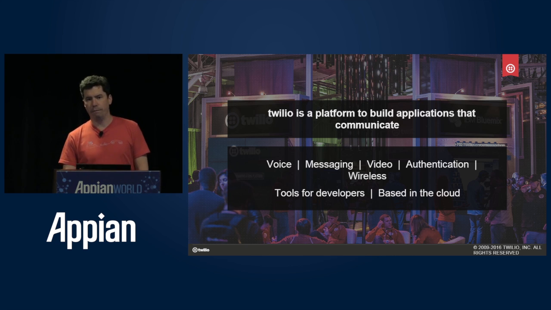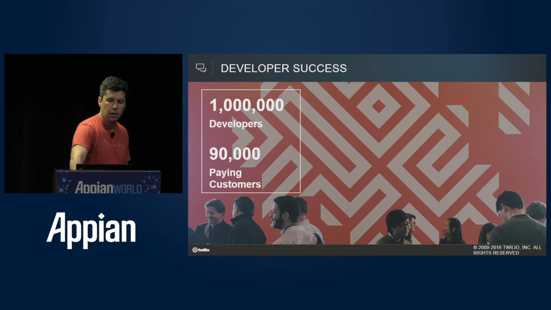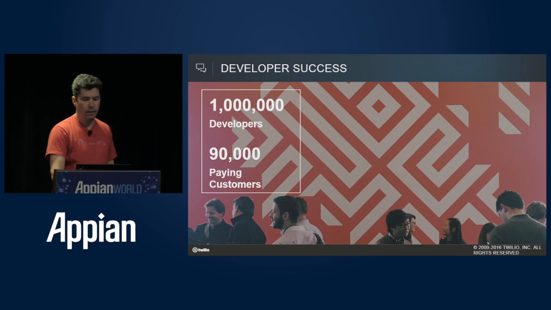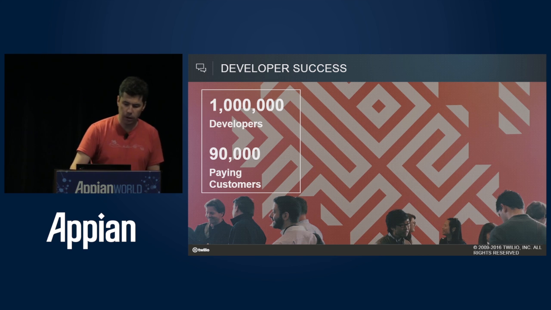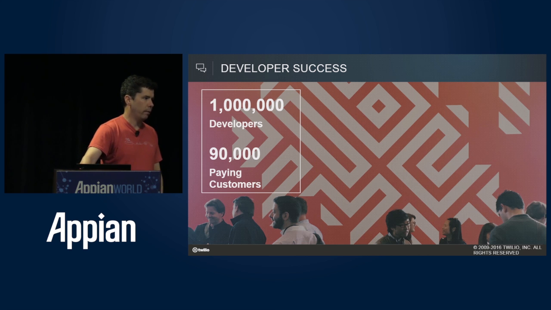We did 75 billion API requests last year. We have over 500,000 developer apps. We do 1.5 billion SMS messages a month and 1 billion voice minutes a month. So our platform is built to scale. Again, we focus on being that platform.